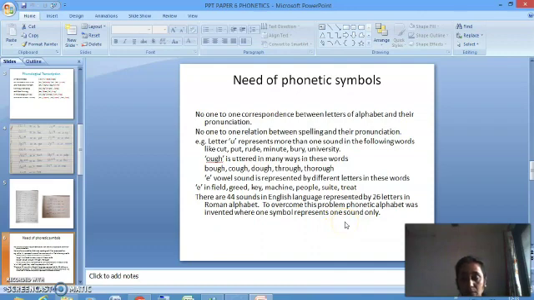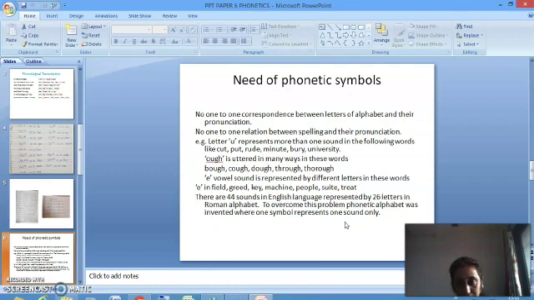How many letters are there in the Roman alphabet? There are 26. So this is the reason for the problem. These 26 letters represent 44 sounds, so there is no one-to-one relationship.